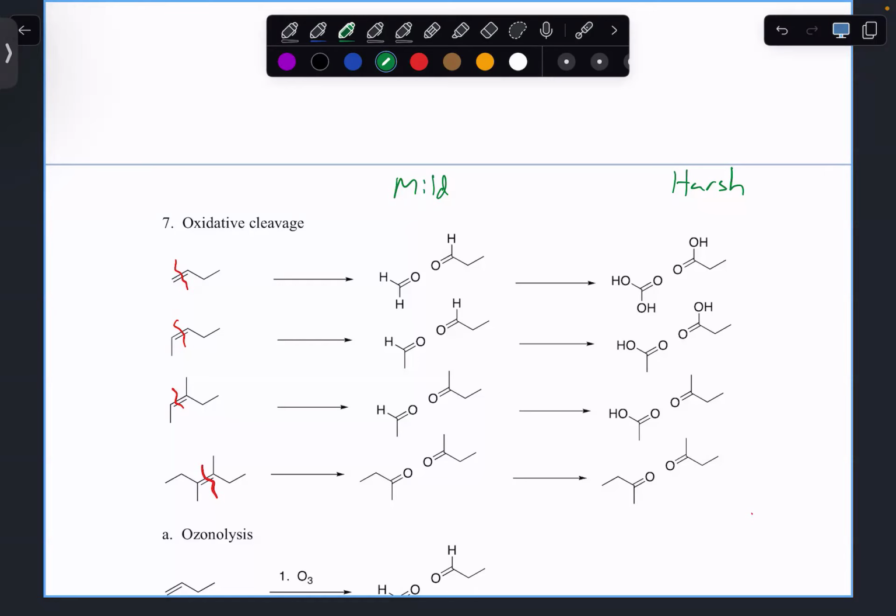But the aldehydes, well, they'll form initially, but under these strong oxidizing conditions, aldehydes get oxidized up further to the corresponding carboxylic acid. So whereas the mild version of this reaction gave aldehydes and ketones, the more vigorous, the harsher, more strongly oxidizing conditions will give you ketones and carboxylic acid.